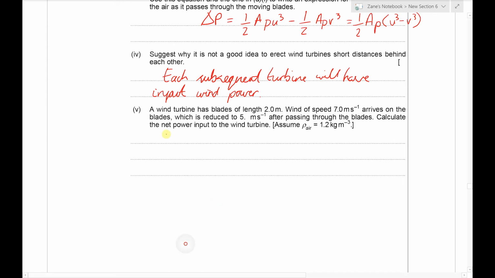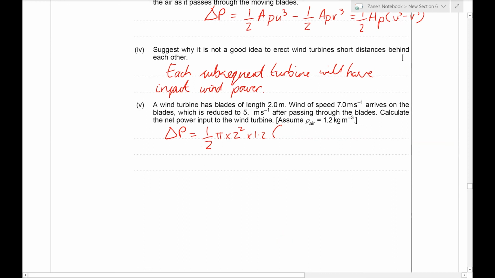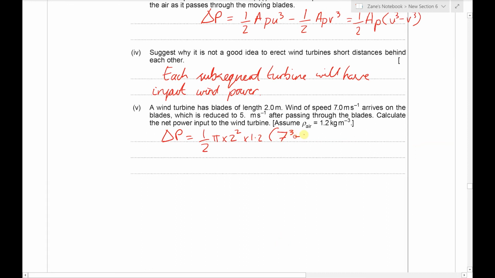So all we're going to use is the equation that we derived in part 3. So we're going to put in the figures. The area is pi r squared, r is 2 meters, the density is 1.2, and then we've got 7 cubed take away 5 cubed.